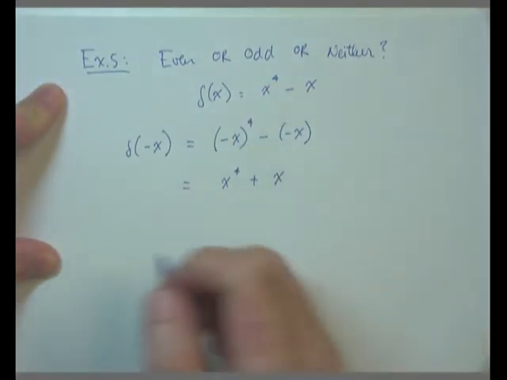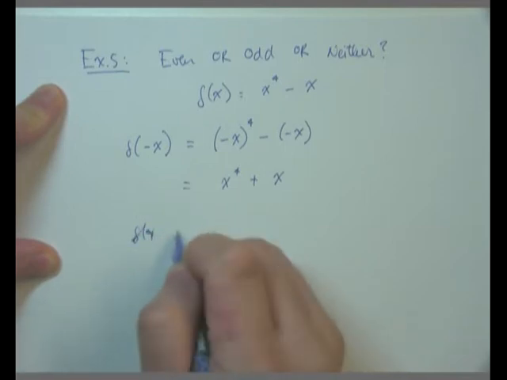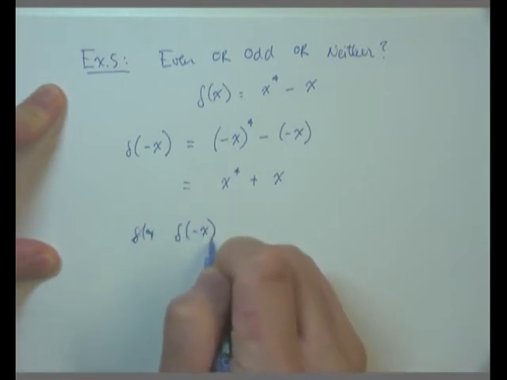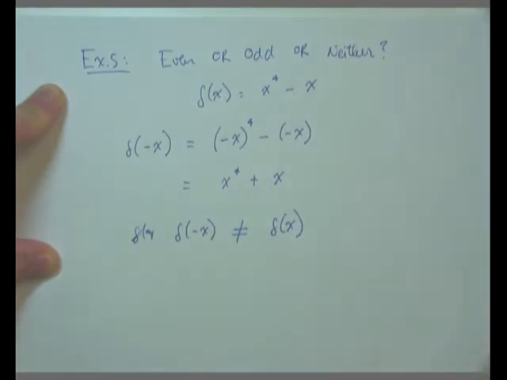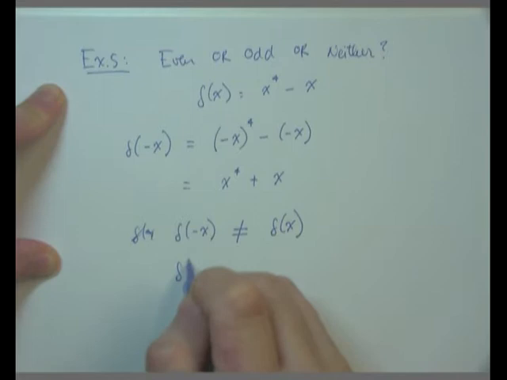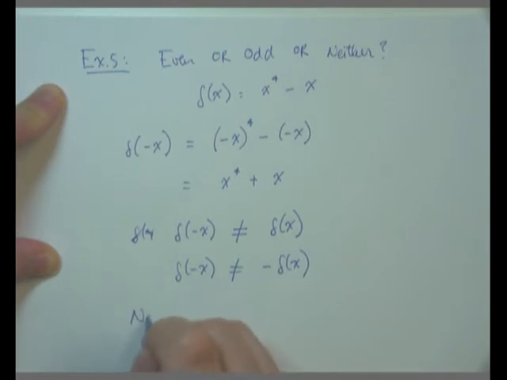That means the function taking the minus x input is not precisely equal to the original function, but neither is it equal to the opposite of the function. So here we have a neither. It's neither odd nor even.